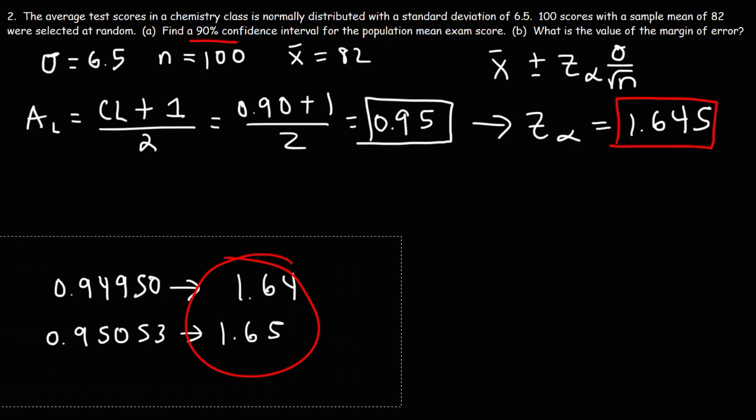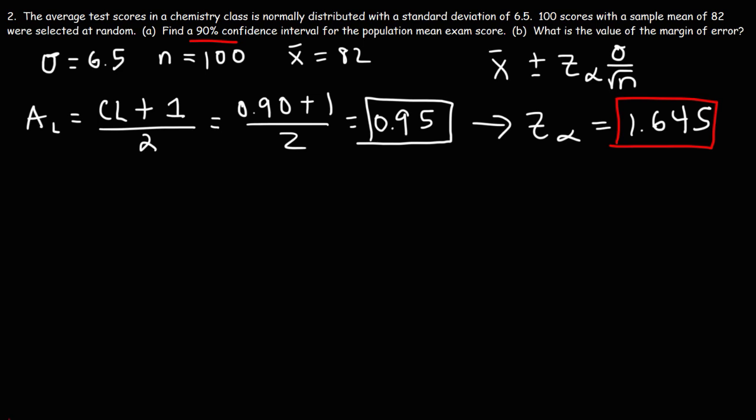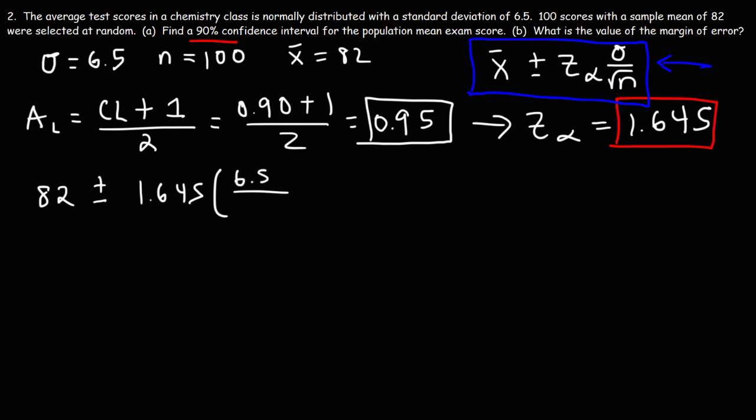So now that we have the z-score, we can go ahead and construct the confidence interval. So let's plug in everything into this expression. So x bar, that is 82, and then it's plus or minus z, which is 1.645, times sigma, which is 6.5, divided by square root of n.